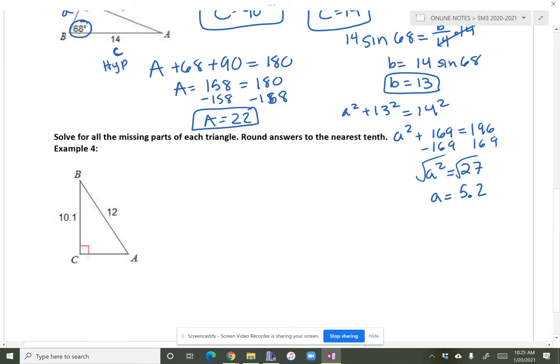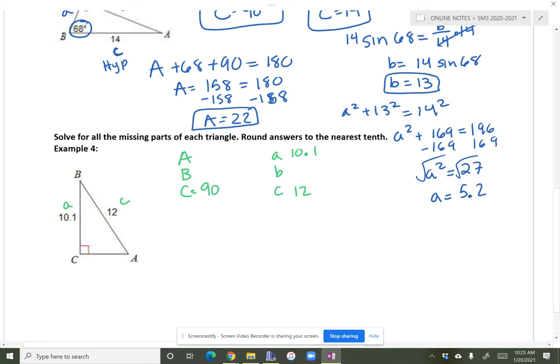Okay, so first thing I'm going to do is I'm going to write down my big letters and my little, so my angles and my sides. And I only have one angle, okay, angle C, but I do have side A, which is 10.1, and side C, which is 12. So the first thing I'm going to do here, I can't find any of the angles yet.